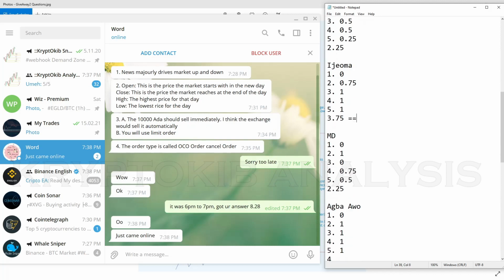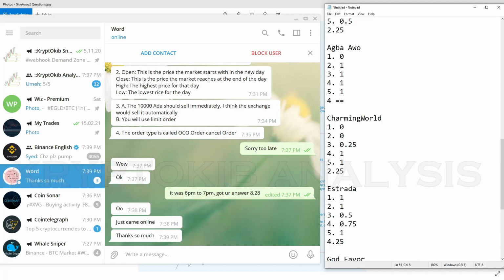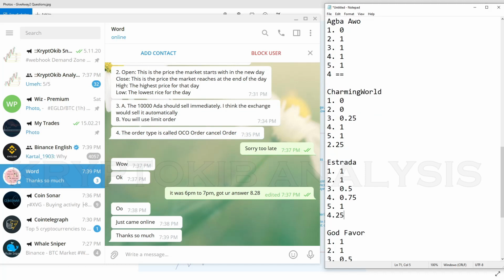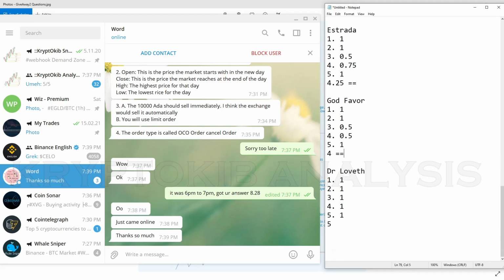That's 3. Then MD didn't make the cutoff. Then Shamin Ward didn't make the cutoff. Estrada made the cutoff. God Favor Me made the cutoff. Then Dr. Lovett.